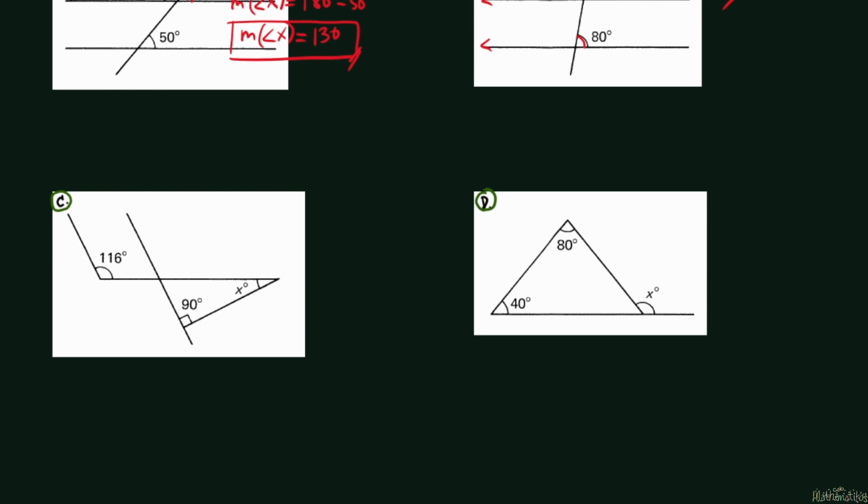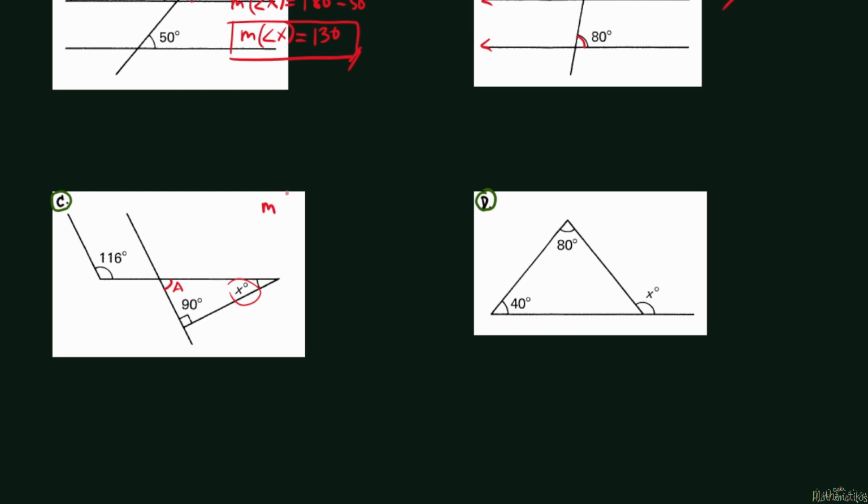So from here, we have to find the value of this x. Let's call this angle A. This is a right triangle, so we know that the sum of the two angles in a right triangle, except the 90 degrees, is equal to 90 degrees.